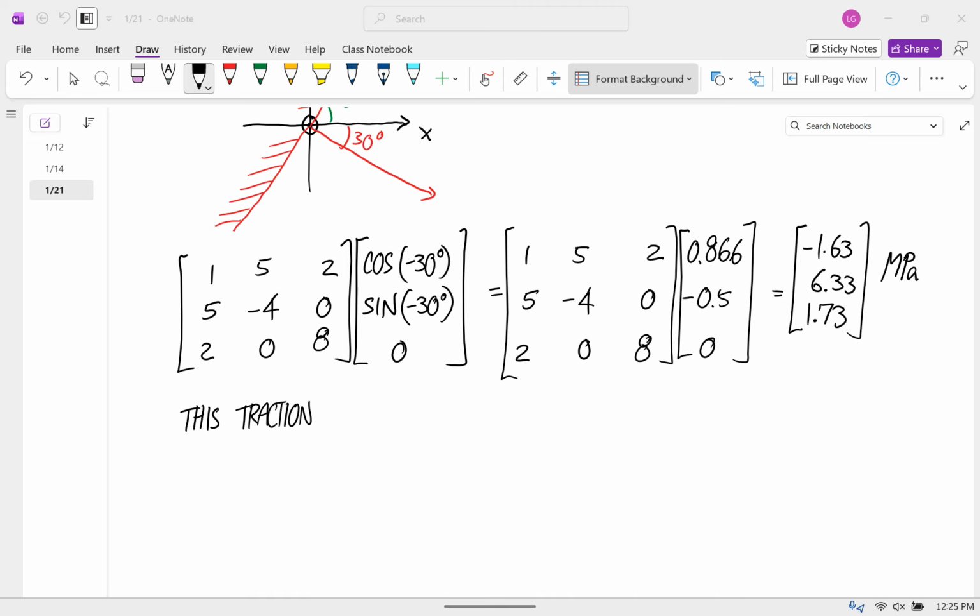And let me calculate. This traction idea is the basis for first expressing the same stress tensor in a new coordinate system.